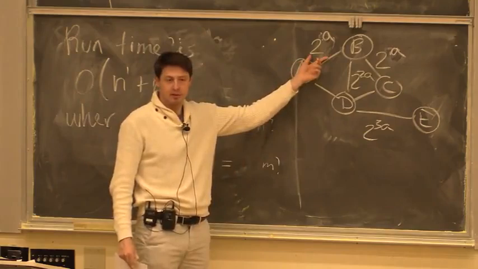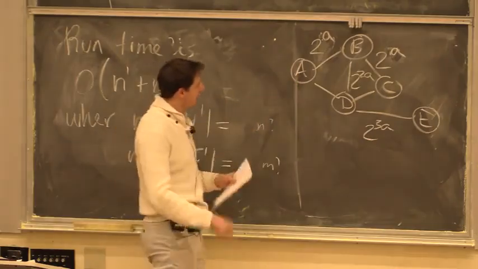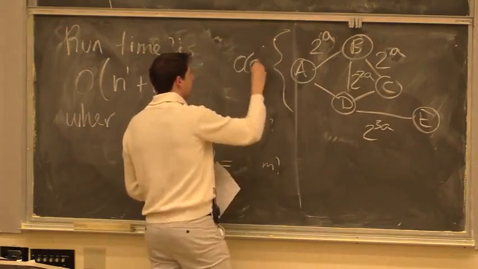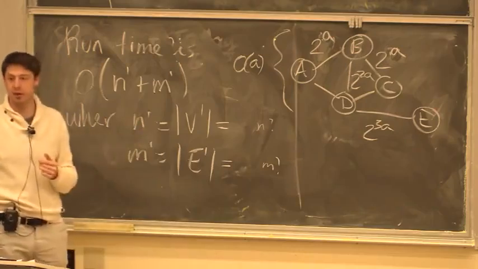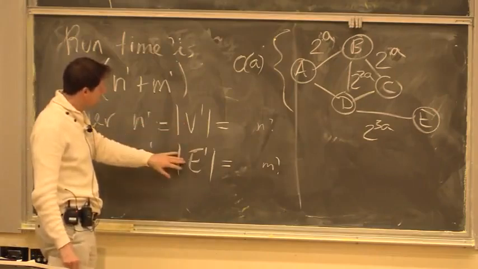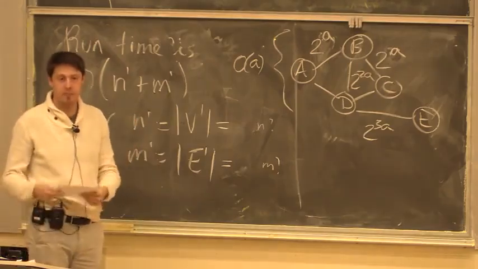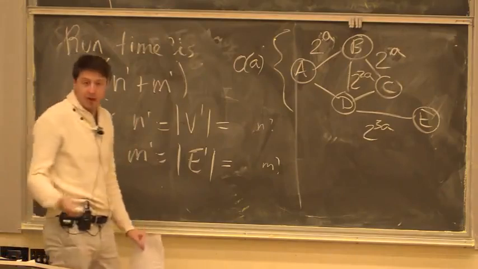How many bits? A, right? So you have a constant number of vertices, constant number of edges. So this entire thing has size on the order of A. That's my input size. How many vertices V prime and edges E prime will I have through that transformation? Roughly 2 to the A, right?